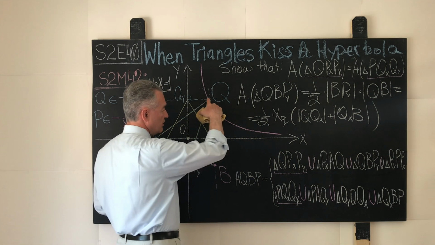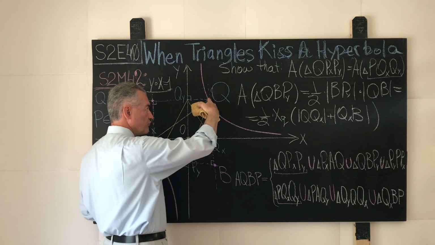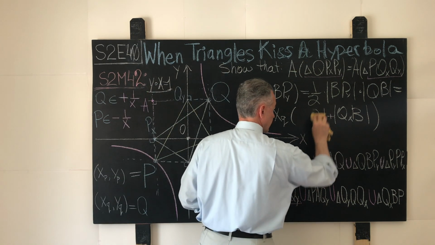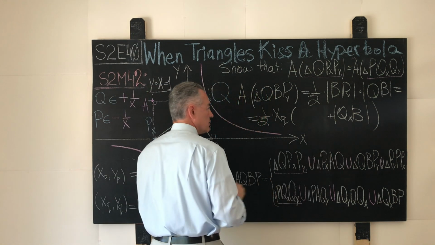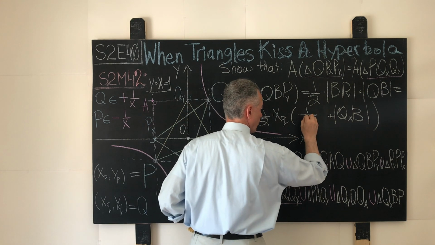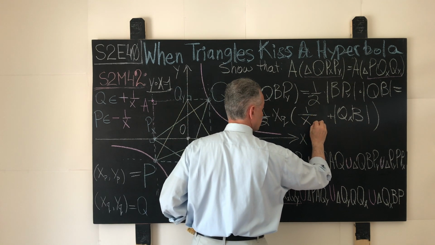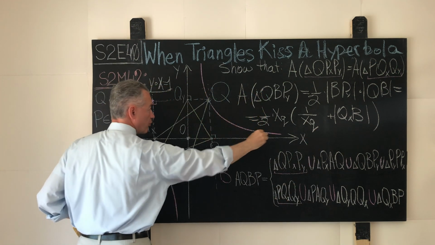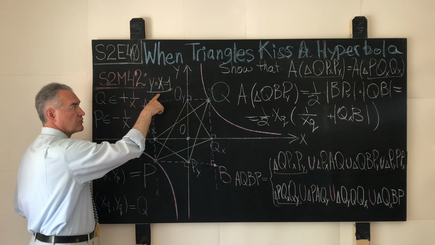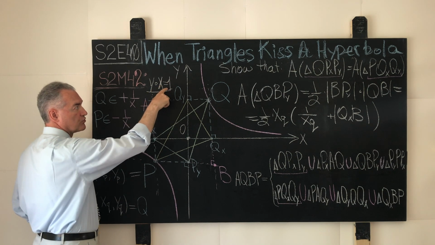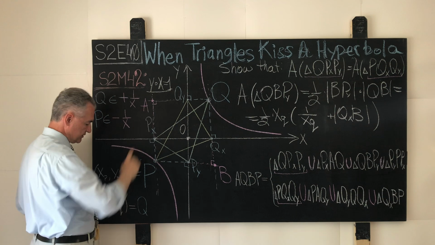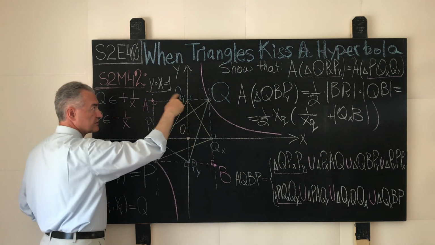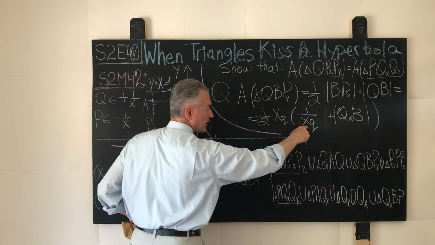So what is the magnitude of the length QX? Well, that magnitude is actually the coordinate 1 over XQ. You see, because this point belongs to the unit hyperbola, y equals 1 over x. If x is x sub q, then what is y? This distance right here is y, 1 over xq.